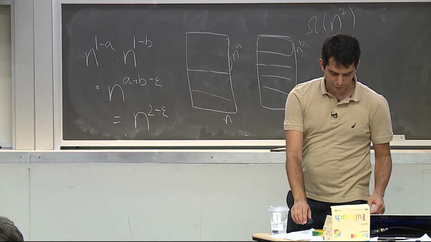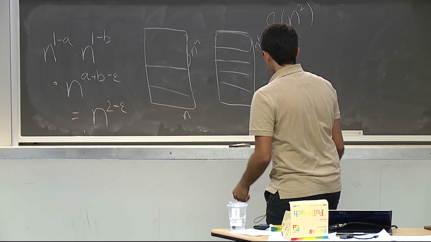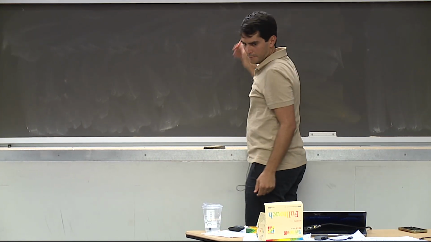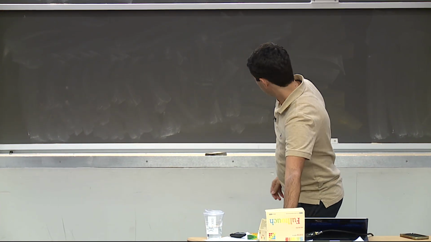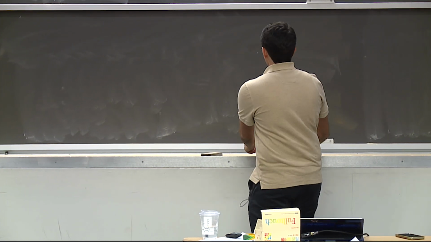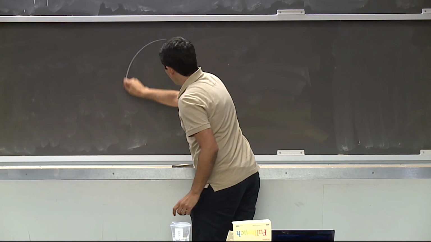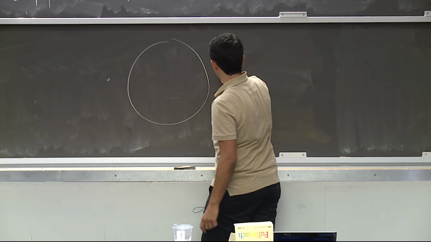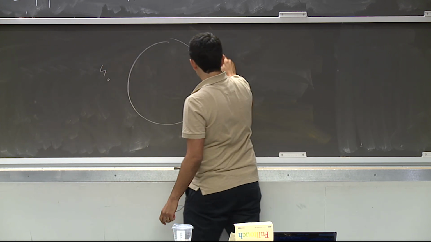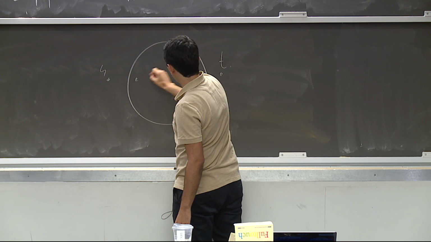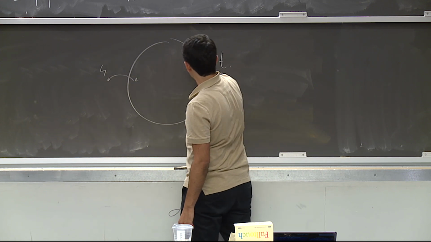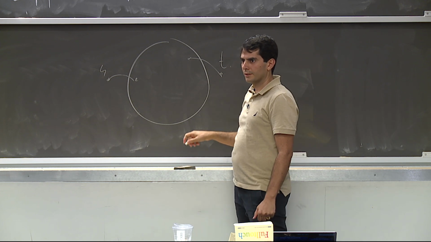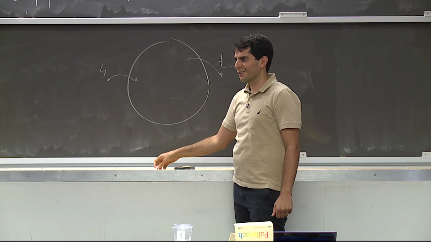For example, if you have APSP, here's a nice trick. You want to know APSP, so you put some source and some target, and you want to find out the distance for this pair, so you connect S to this and T to this, and you ask a query, and it tells you the distance here. That's just a hint.